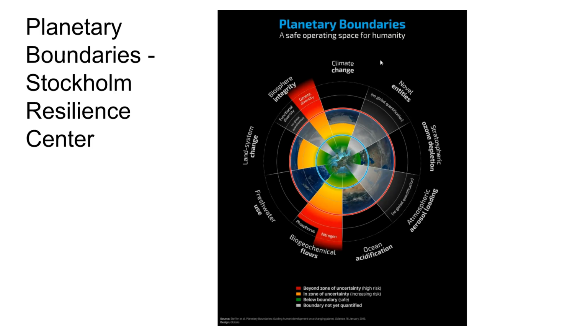These are sort of the basket of unknowns: ozone depletion, aerosol loading, acidification, biogeochemical flows, that's carbon cycles, phosphorus, nitrogen, and so forth, and land use system change. This red line is qualitative right now, but quantitatively it has a value as well. It's considered a threshold, beyond which we don't know what happens.